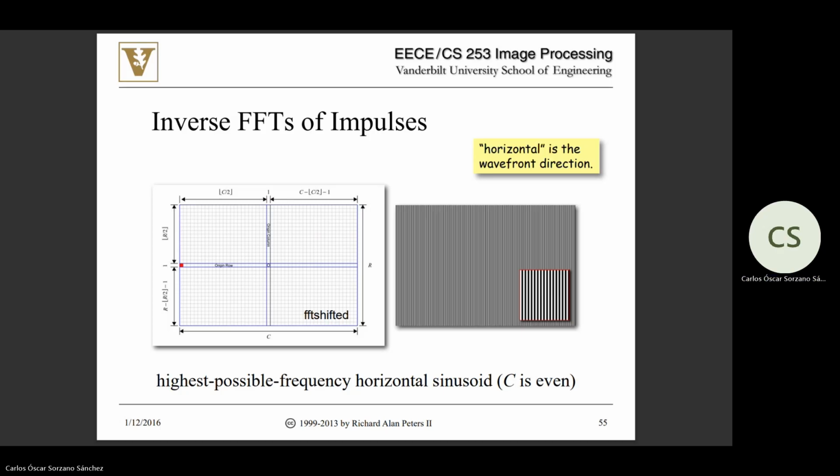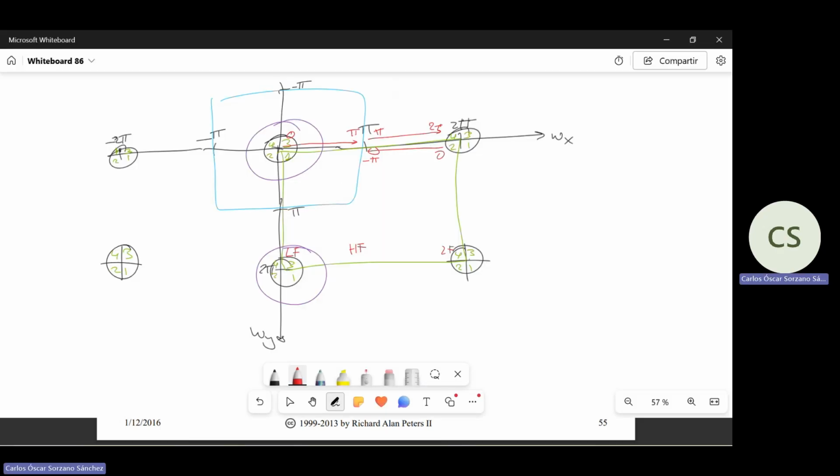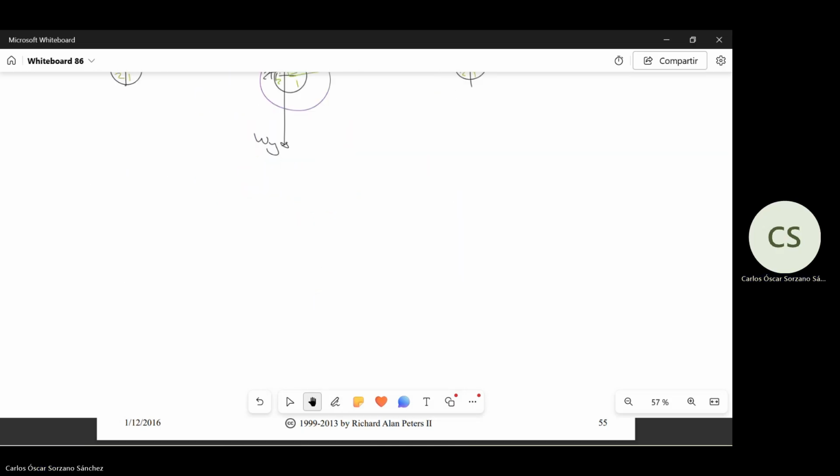So what is the maximum frequency that we can have? If you think as humans, the maximum frequency is pi or minus pi. It's the same. Let's say it is minus pi. What is the wave associated with that frequency?